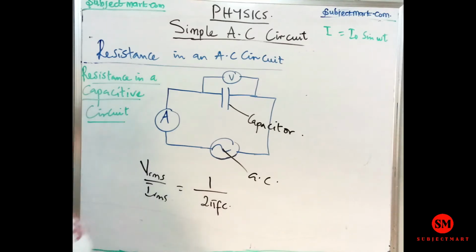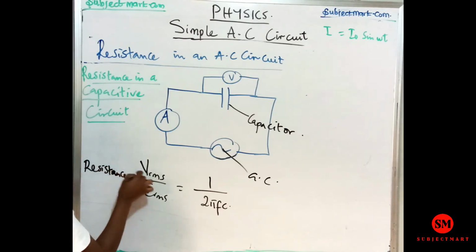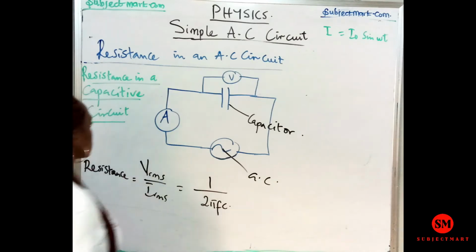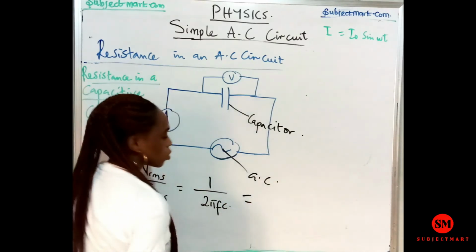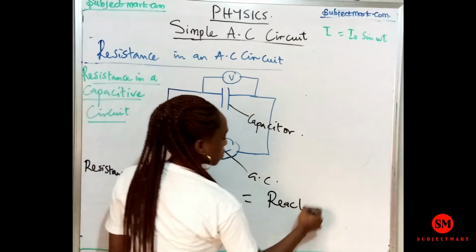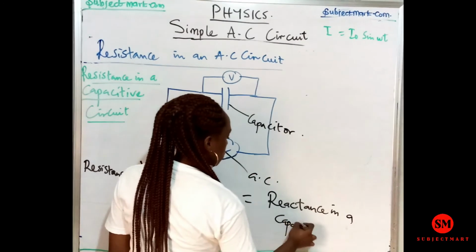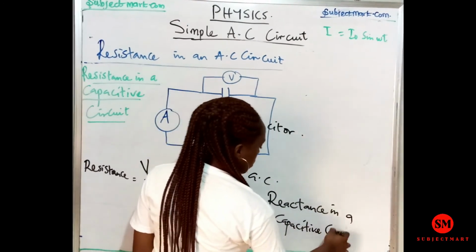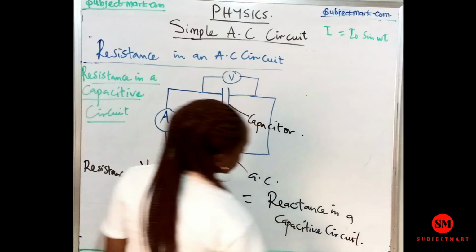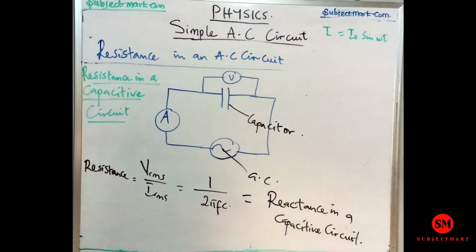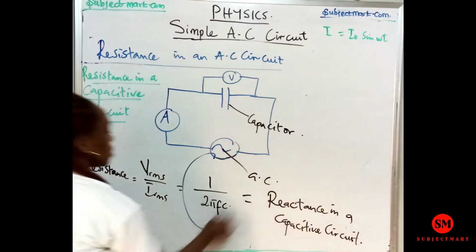And another name we call this is reactance in a capacitive circuit. A capacitive circuit is a circuit that contains a capacitor. So take note of this formula. It's very, very important.